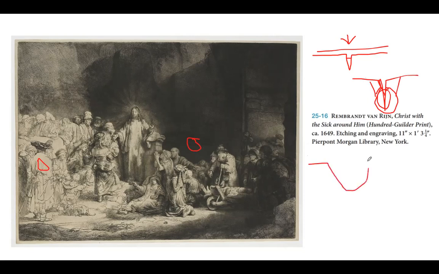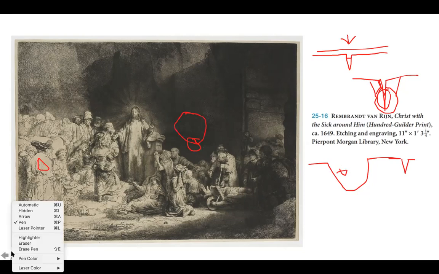You have this giant thing instead of your neat little one, and basically it doesn't work right. The point I'm trying to make is it's really hard to get this kind of big black space in an 11-inch by 1 foot piece of copper. Rembrandt was awesome.